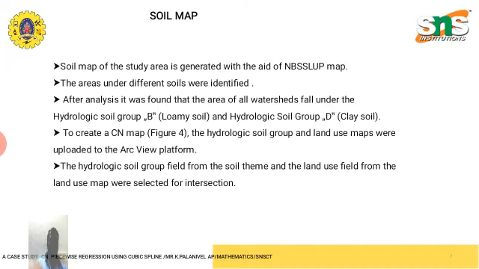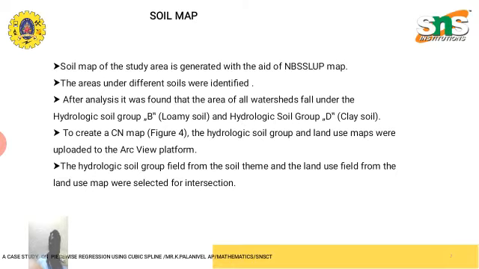Next, going to the soil map. The soil map of the study area is generated with the aid of the NBSS&LUP map. The areas under different soils were identified and are presented in the diagrams also. After analysis, it was found that the area of all watersheds falls under hydrological soil group B, loamy soil, and hydrological soil group D, clay soil.